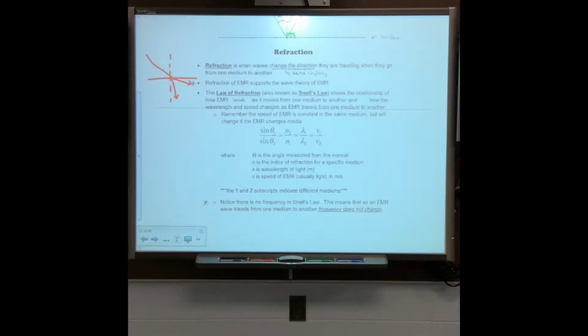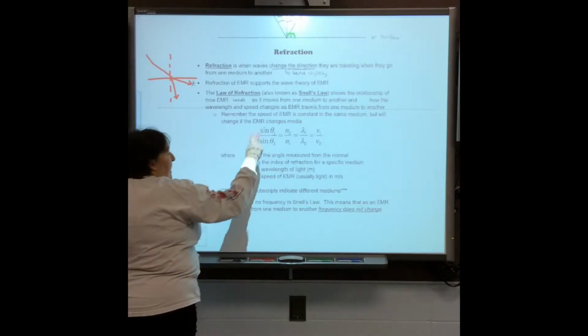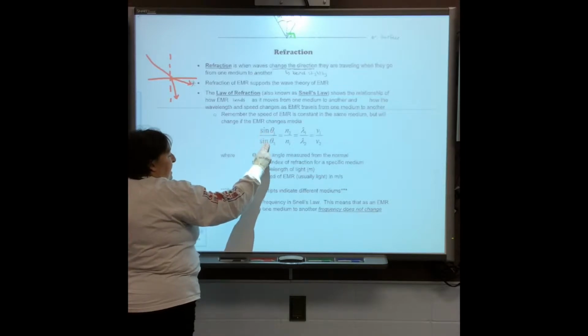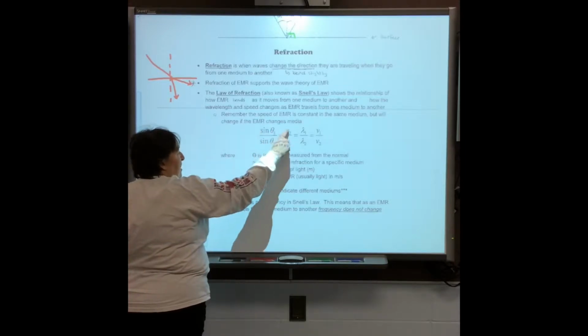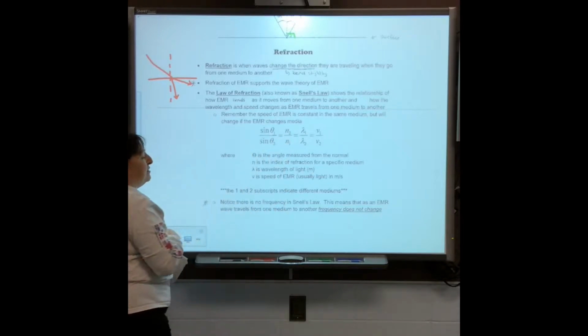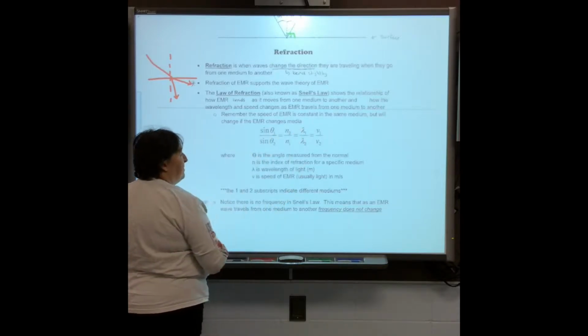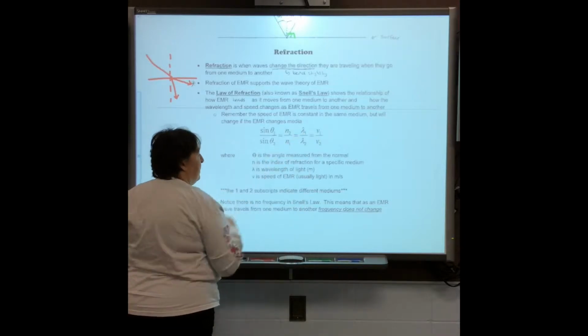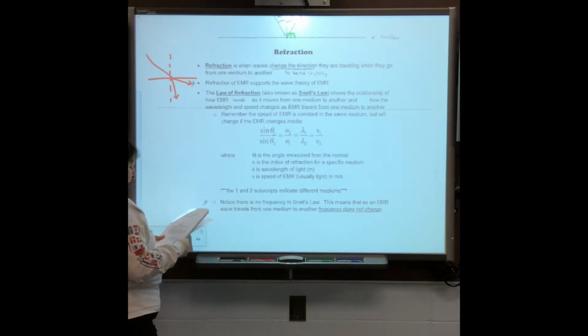It looks at the relationship of how EMR bends as it moves from one medium to another. And so it looks at the angle that it comes in at versus the angle that it's coming out at. It looks at the index of refraction of the second medium over the first medium. It looks at the relationship of two wavelengths, and it looks at the relationship of two velocities.